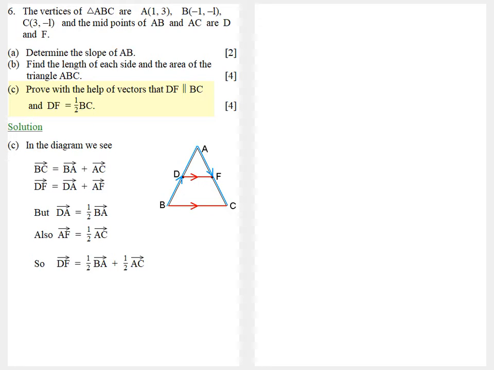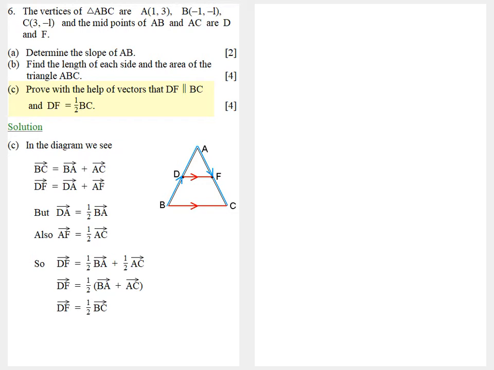So DF is equal to a half of vector BA plus a half of vector AC, or DF is equal to a half of (BA plus AC), just factorising. But BA plus AC is BC, so vector DF is equal to a half the vector BC.